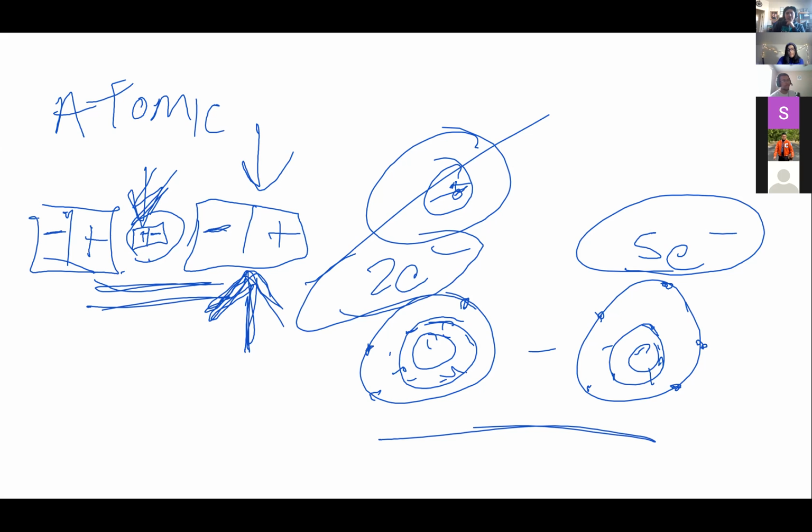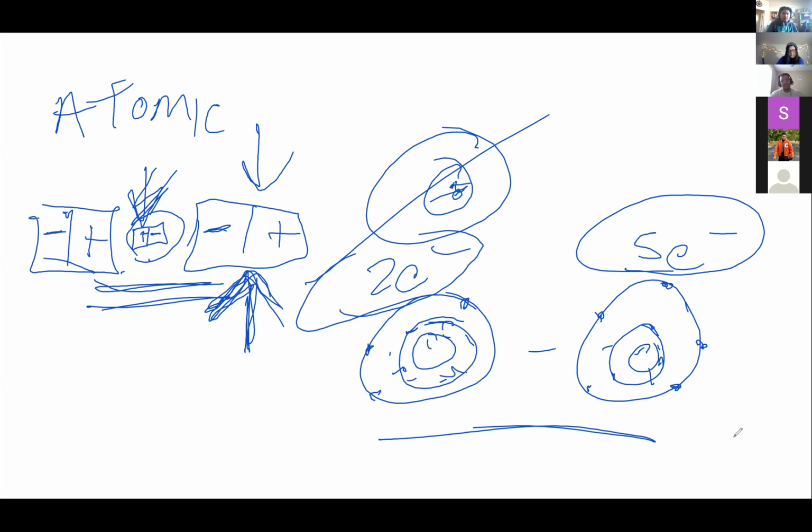So if you have more electron shells, is your radius going to be bigger or smaller? Oh, it's going to be bigger. Yeah, exactly. Since energy levels are shells, if you add another shell, it should be bigger.